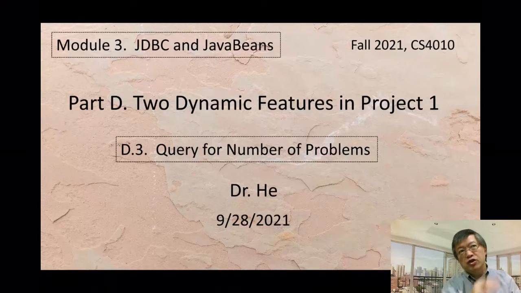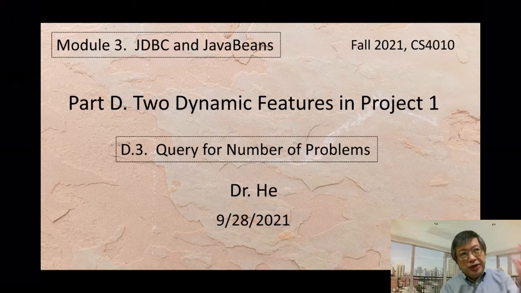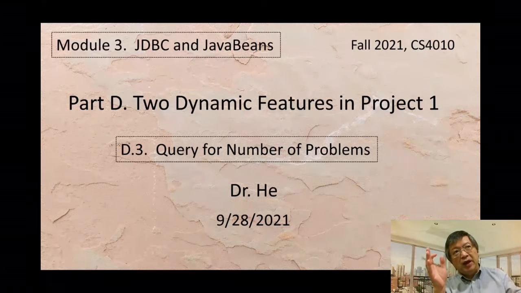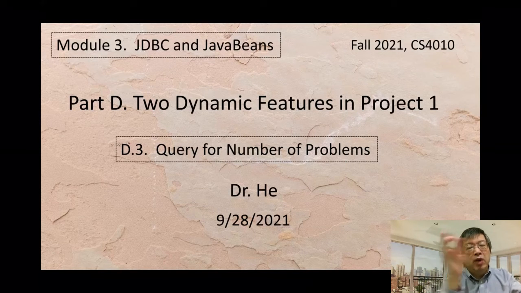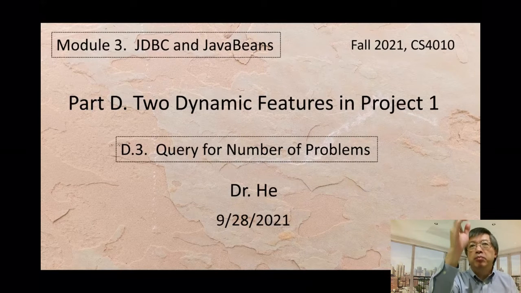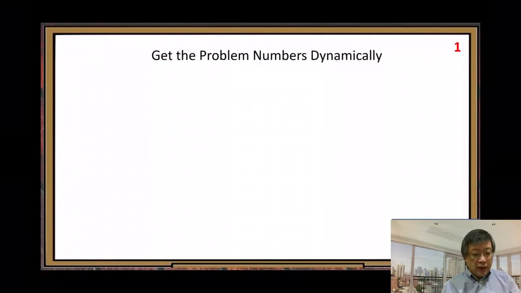Now, the first one, I only want to look at one small problem. Query for number of problems. We just need to get that query. That query will return the number of problems in our problem table. All right, so let's look at the topic, get the problem numbers dynamically.